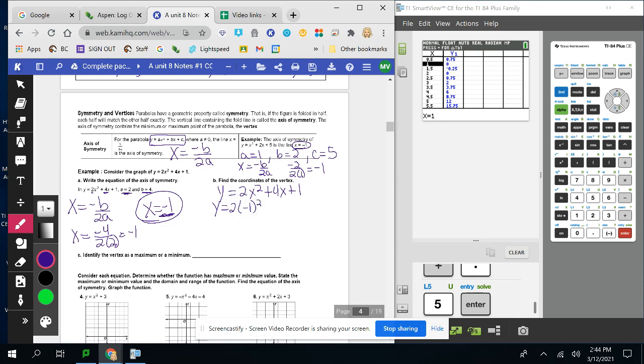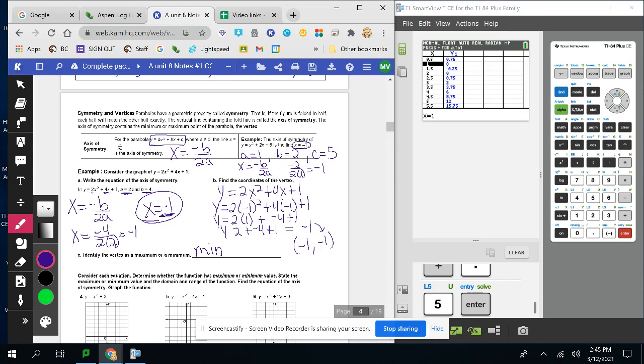So I substitute negative 1 for x into the equation, and then I calculate that. So that's 2 times positive 1, because negative 1 squared is positive 1, plus negative 4 plus 1. So that's 2 plus negative 4 plus 1, and that equals negative 1. So our vertex is negative 1, negative 1. And in this case, that is a minimum because a is positive.